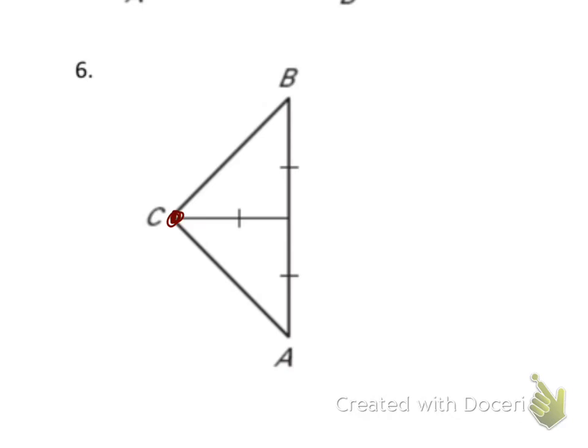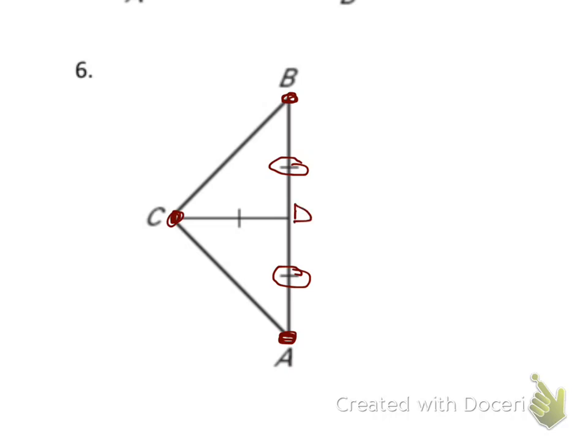So I need to have more information. Right now, I know that it lies on the bisector because this piece has been bisected. So clearly the C line came down, we'll call it CD, I guess.